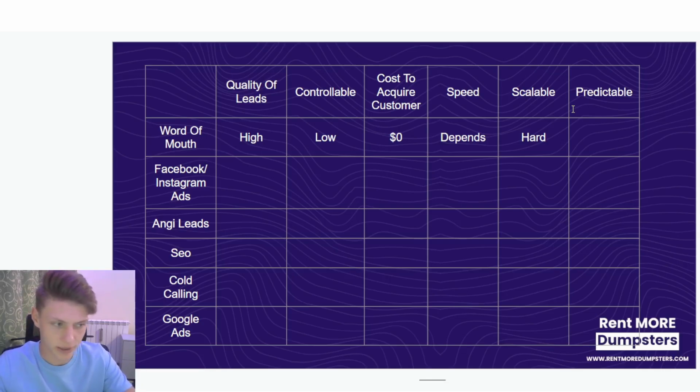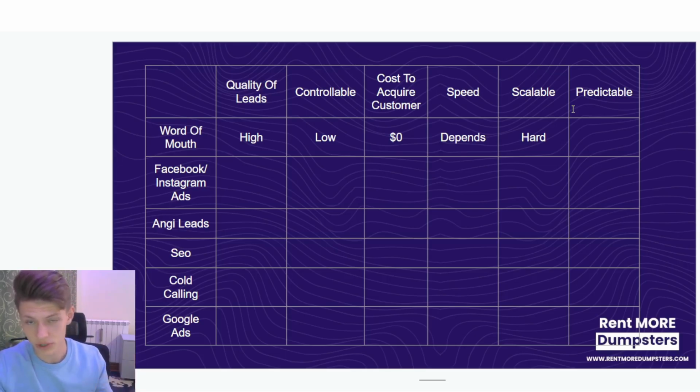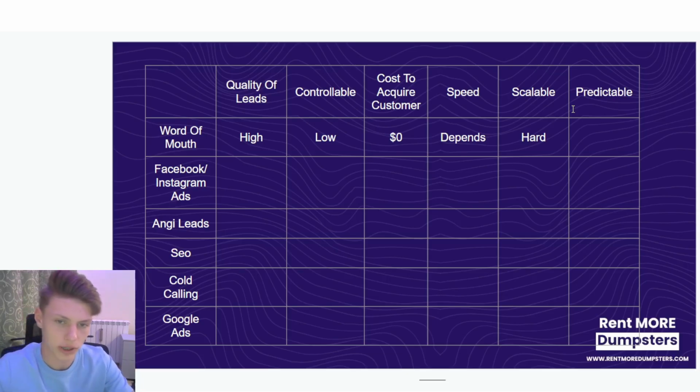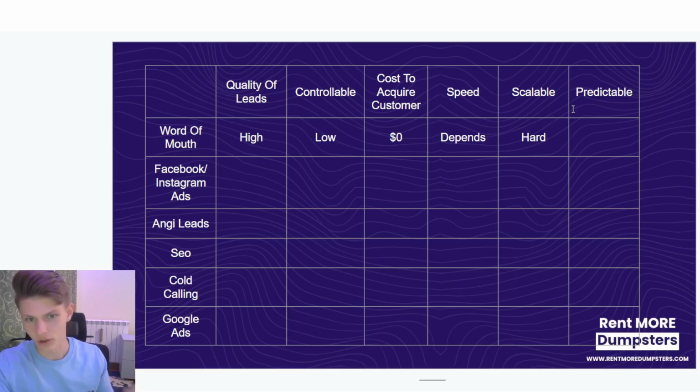They need to be really amazed by how good your service is, and that is extremely hard, because you need to know some things in order to have that kind of service, that kind of product to amaze your city. So how scalable it is to increase word of mouth is kind of the same as controllable and speed.